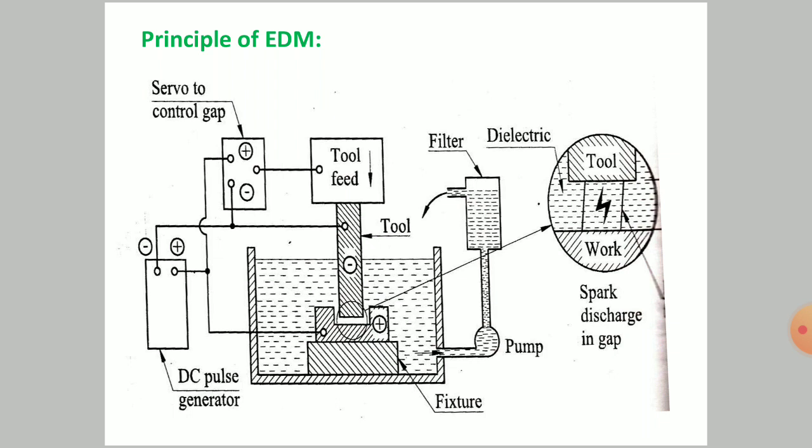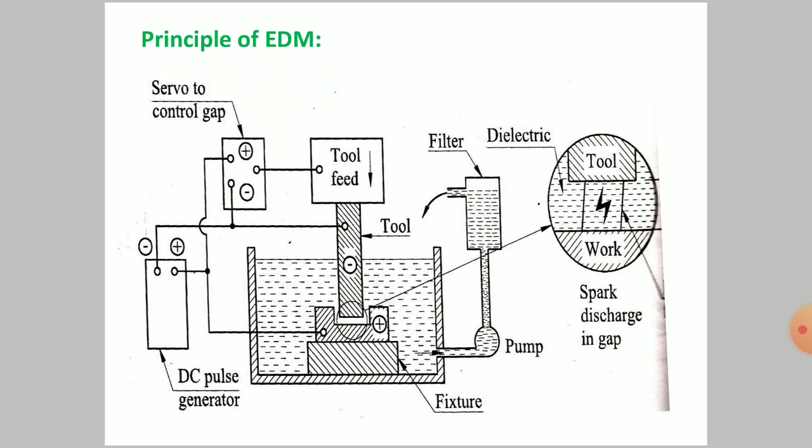There is a filter which is connected to the pump, and as you can see the pump is connected to the reservoir or the tank wherein the dielectric fluid is present. Then the fixture is there, connected as you can see in this block diagram.